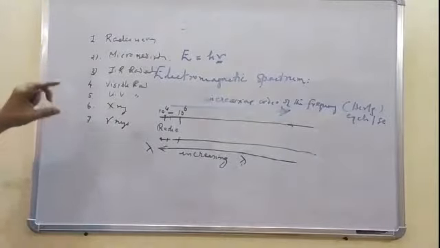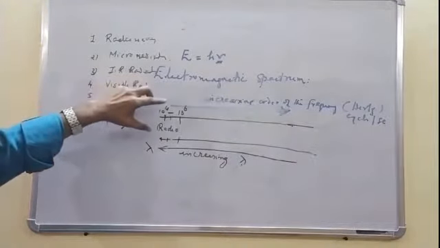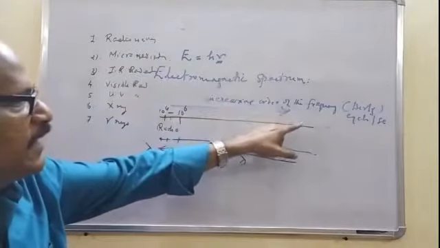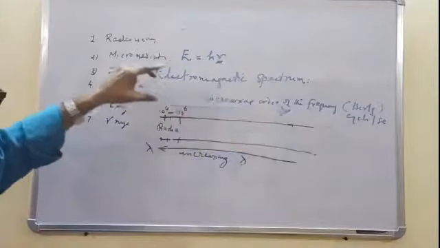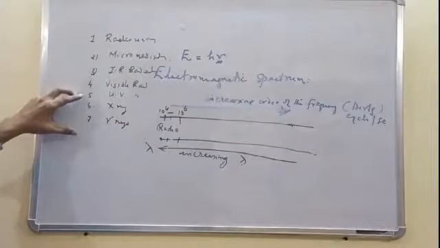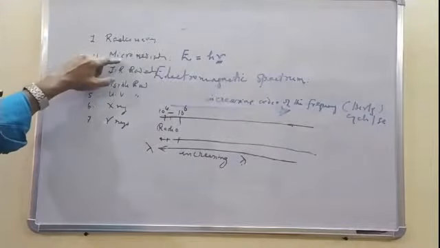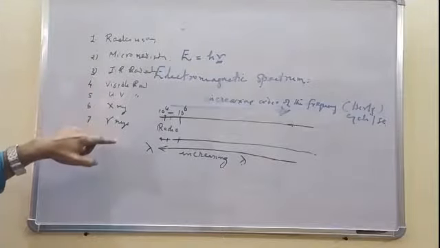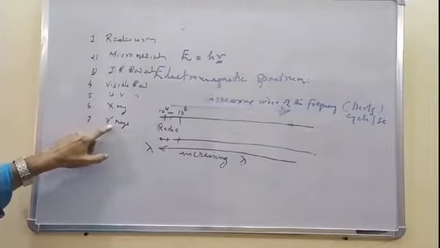So the different regions in increasing order of frequency are radio waves, microwaves, IR waves, visible waves, ultraviolet radiation, X-ray radiation, and gamma radiation.